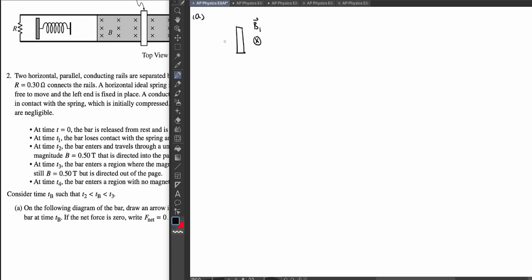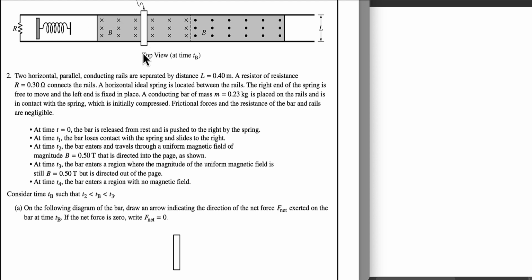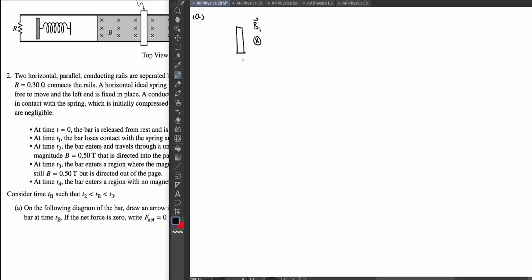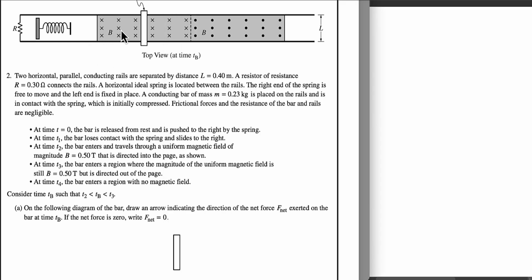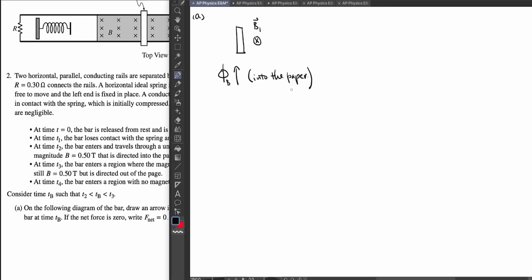Now, if you think about this closed loop here, the flux through such a loop is increasing in magnitude, and such a flux is into the page. So the direction here is into the page, right? And it's increasing. So according to Lenz's law, the induced current will oppose such an increase of the flux.